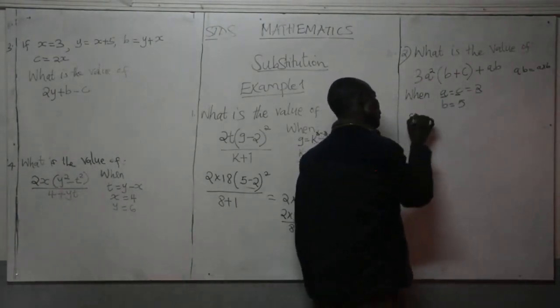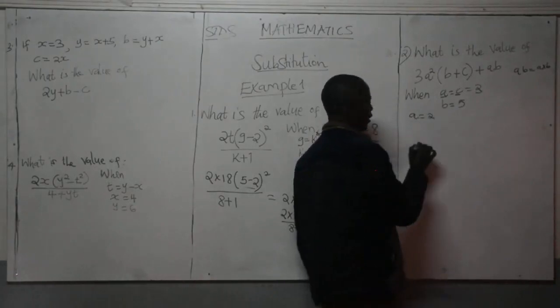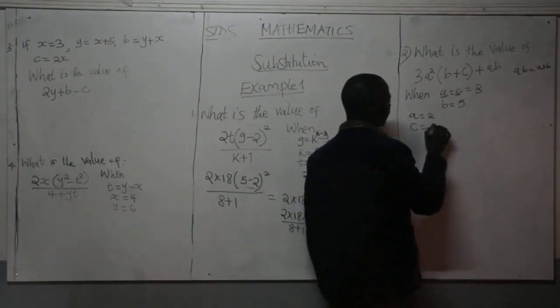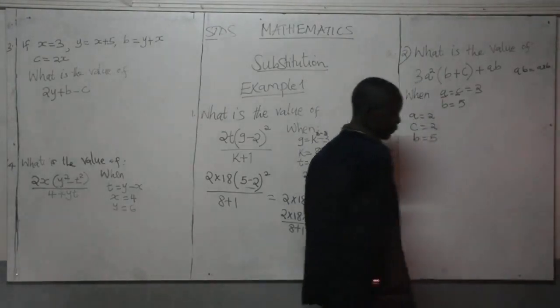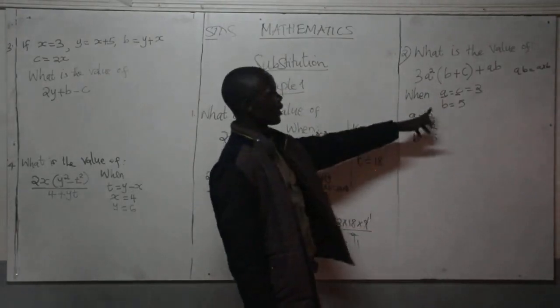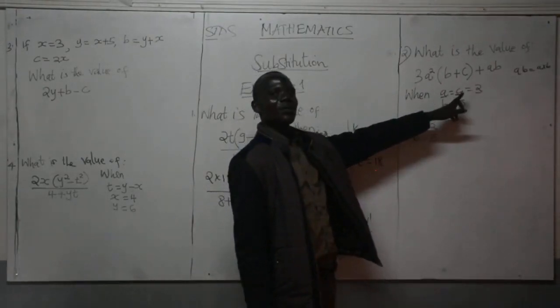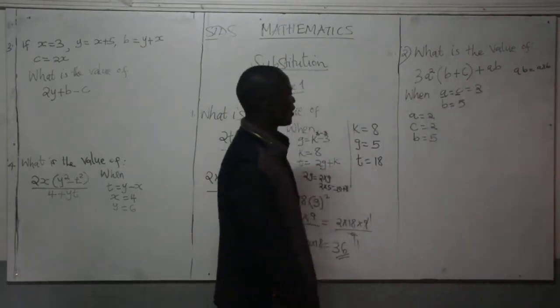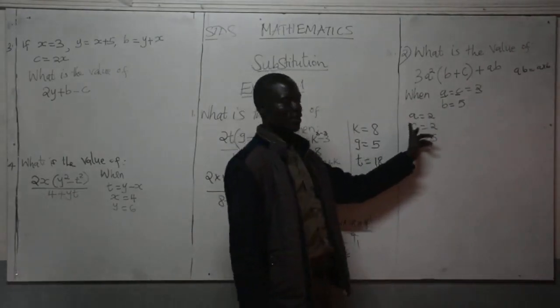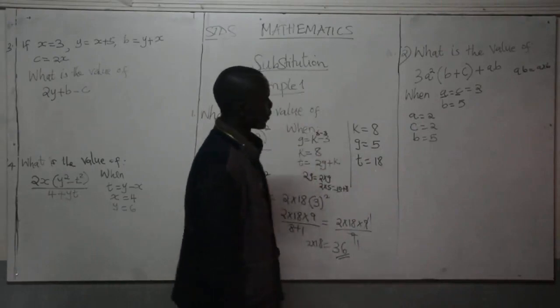So the value of a is 2 and the value of c is also 2, while the value of b is 5. Why? Because the question says a equals c equals 2. So each is equal to 2.